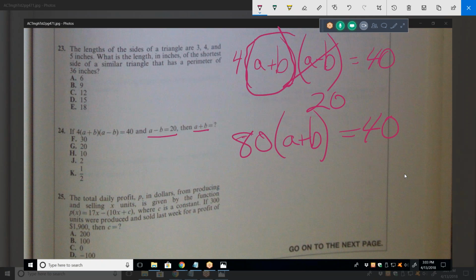What does A plus B equal? You just divide it? 20 or 2? Solve that equation for A plus B.